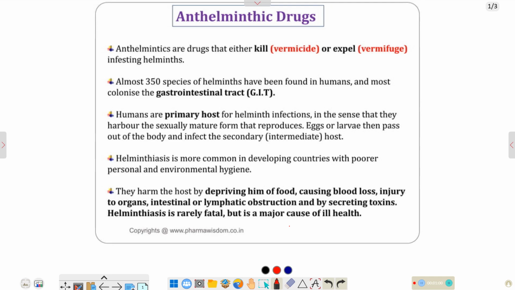So to remove or kill the worms is very important for our body to prevent any disease. They are more common in developing countries, and they derive their food, blood, and nutrition from the human body. So they harm the host by depriving him of food, and they cause blood loss, injury to organs, or many other diseases.